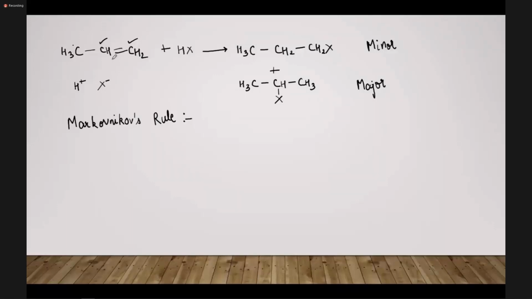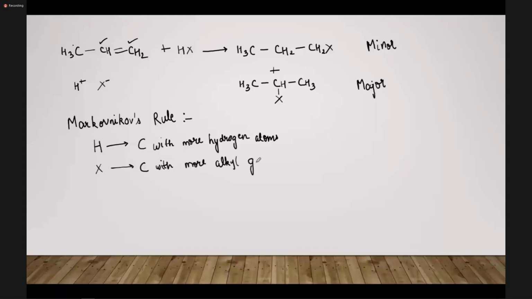Okay. So in simple terms, this rule says that the hydrogen attaches itself to the carbon having more number of hydrogen atoms, and our halide group will get attached to the carbon with more alkyl groups.